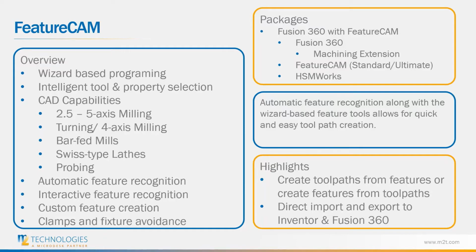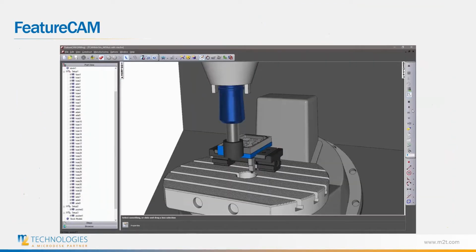Those features can then be brought back into Fusion 360 or Inventor using the direct import and export tools for those two applications. Now we have a quick video just to kind of highlight the feature recognition within FeatureCAM.